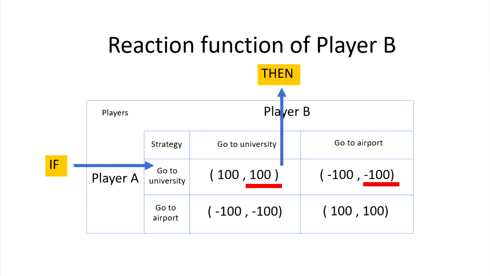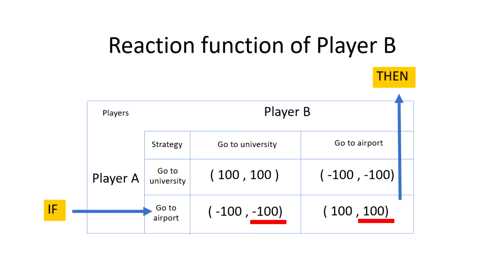Therefore, which is better? Yes, going to the university is better because 100 is more than minus 100. Therefore, if player A goes to university, then player B will go to university too. This is the reaction function of player B.